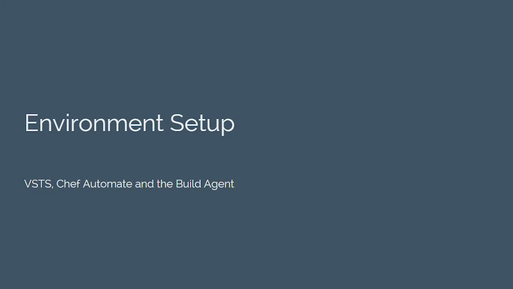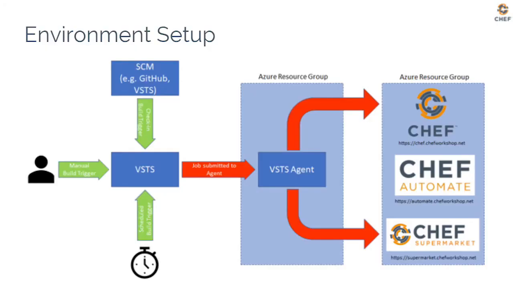So I'm going to talk about the environment setup we have for the demo today, which may be similar to the environments you have in your own setup. Here you'll see that we have VSTS, and you can trigger builds through VSTS in multiple different ways.